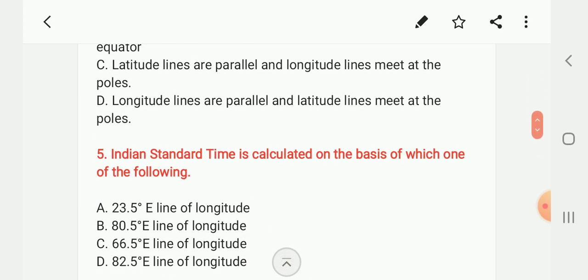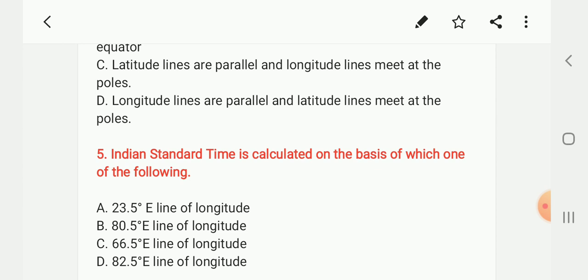Question number 5. The Indian Standard Time is calculated on the basis of which one of the following? Option A, 23.5 east line of longitude. Option B, 80.5 east line of longitude. Option C, 66.5 east line of longitude.